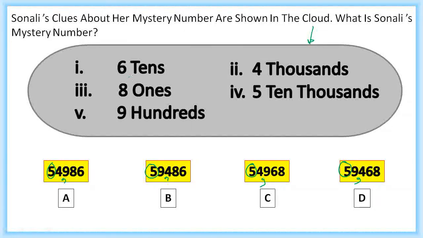We have 6 tens and 8 ones, so we just multiply that. We have 6 tens, so 10 times 6, that will be just multiplication, I will get 60. So we are just going to multiply them and add them.